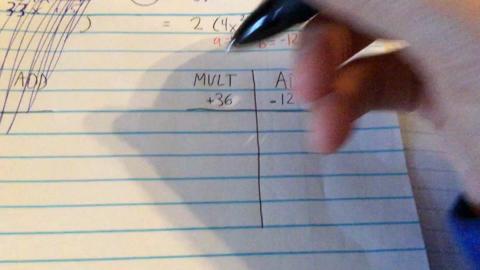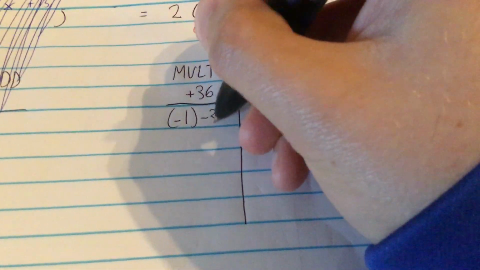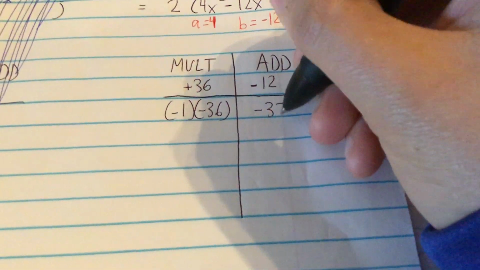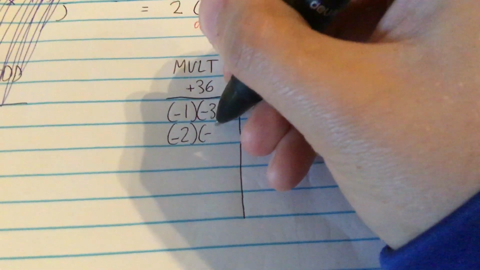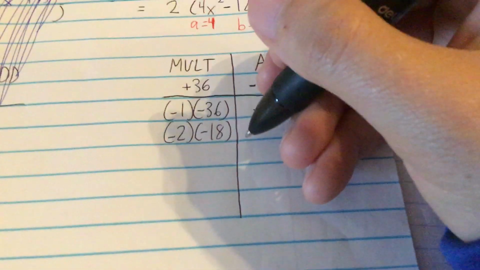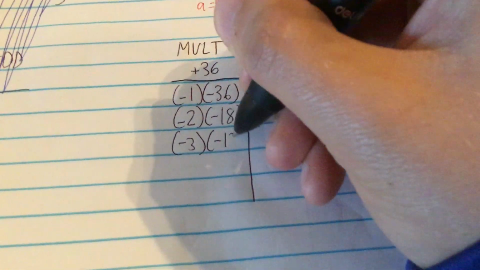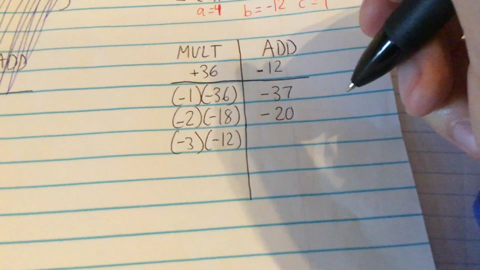So let's get to work. Negative 1, negative 36. They multiply to 36, but they add to negative 37. Let's try negative 2. Negative 2 times negative 18 is positive 36, but they add to negative 20. Negative 3. Negative 3 times negative 12 is positive 36.